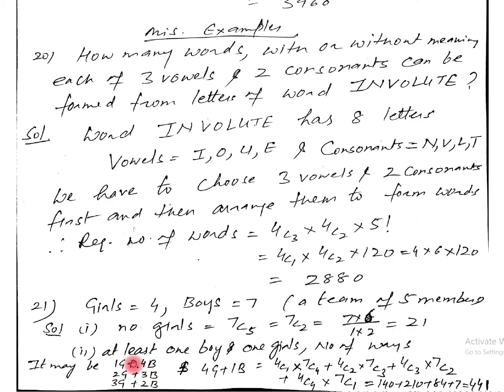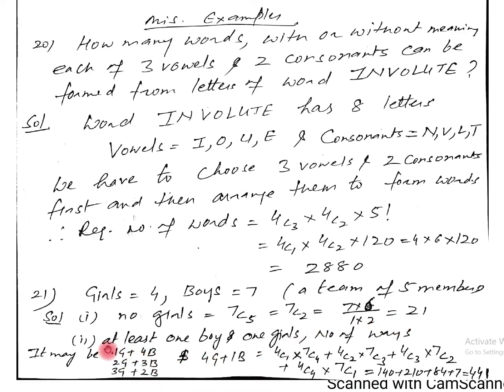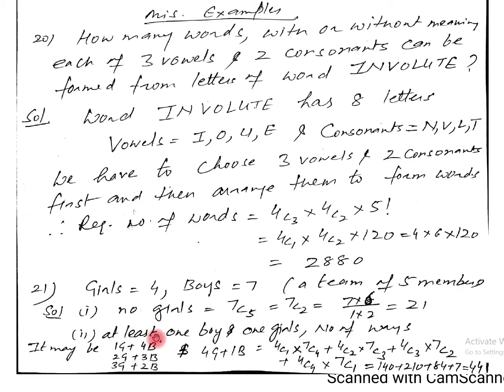And the second condition, that is very much important: at least 1 boy and 1 girl is there in the team. So first we have to make the different cases. At least means at least 1 boy and 1 girl, a team of 5 we have to make. Now here it can be done in different ways.